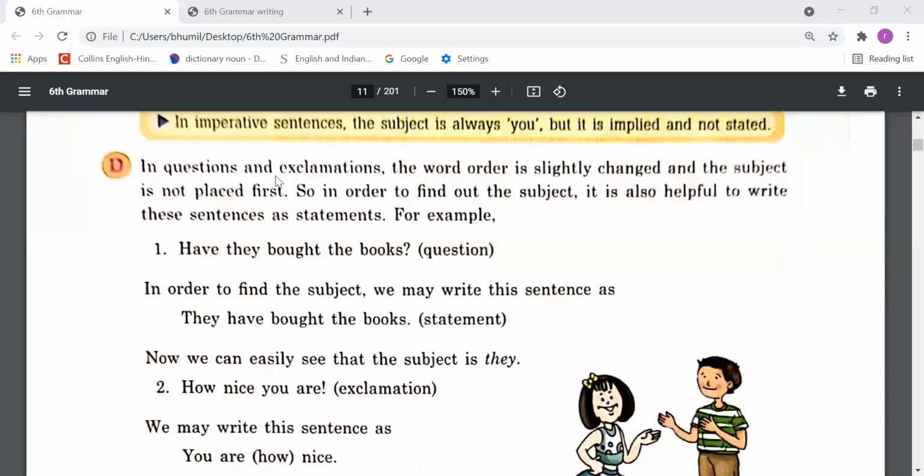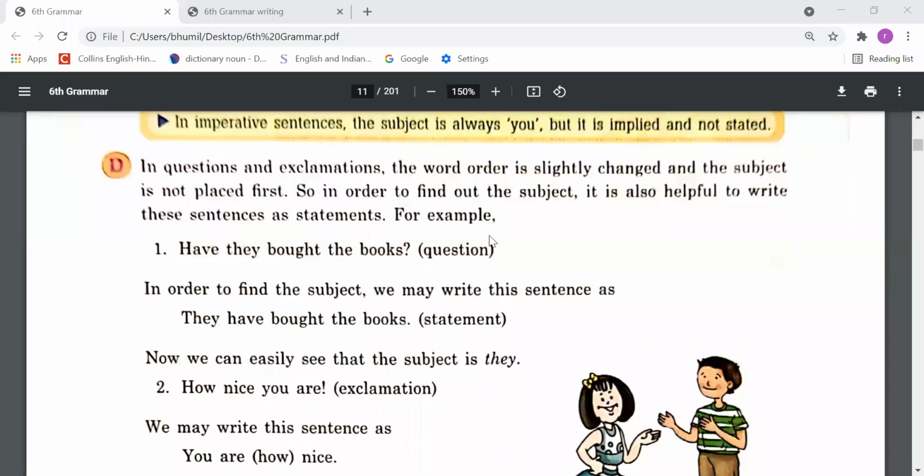In questions and exclamations, the word order is slightly changed and the subject is not placed first. So in order to find out the subject, it is helpful to write these sentences as statements.